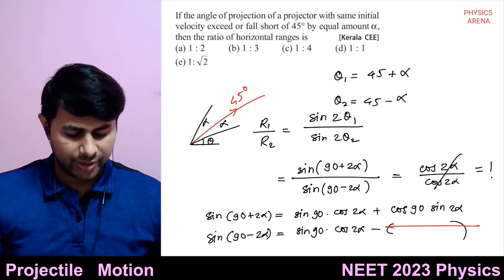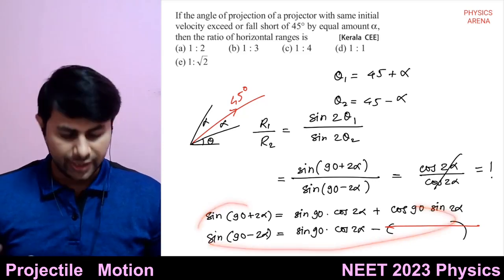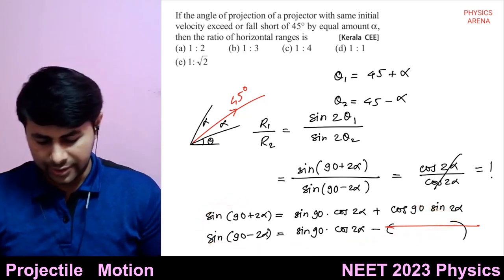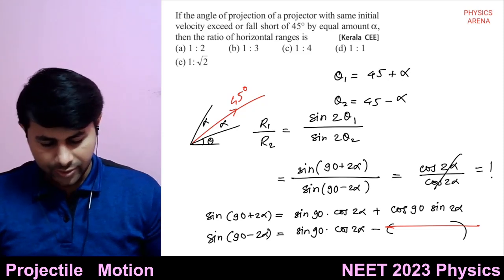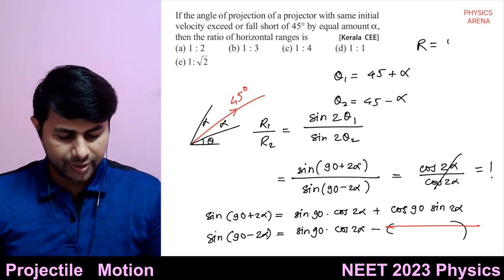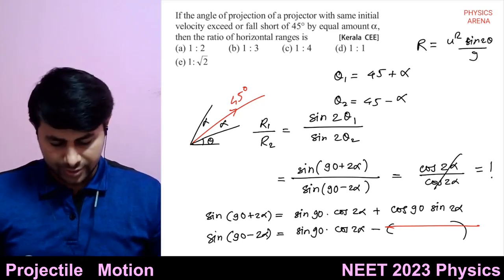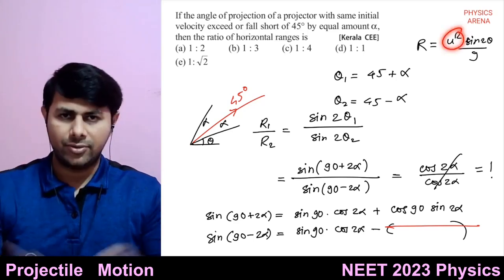So better we remember this, because it can be done quickly, but will still take some time. And the second thing is, when we have direct proportionality, R is equal to what? U square sine 2 theta divided by g. We should not write the whole formula.